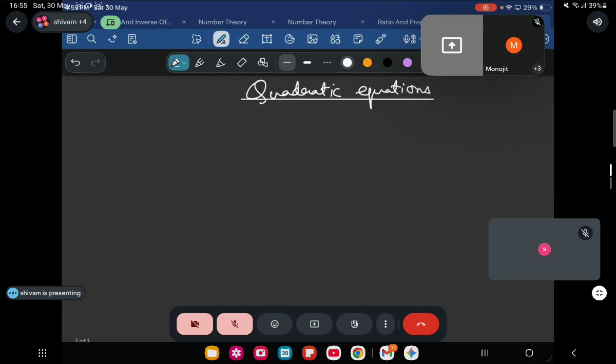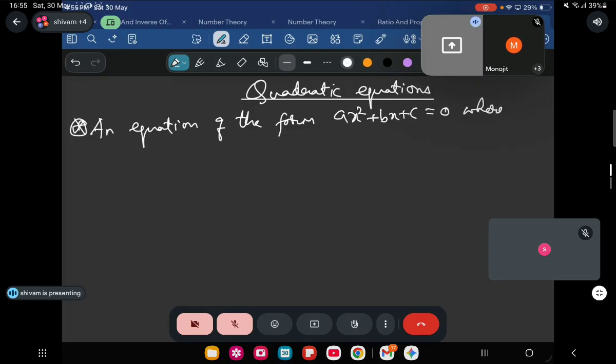Okay. Quadratic equations, everyone, pay attention. An equation of the form ax square plus bx plus c equal to 0, where a is not equal to 0, is a quadratic equation in one variable.